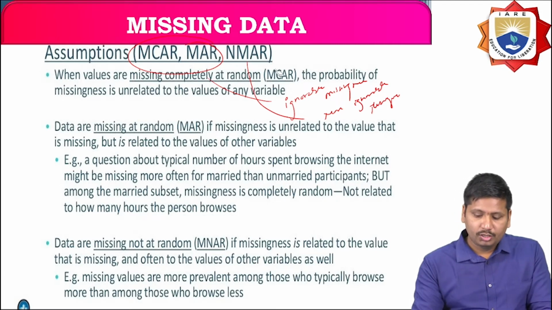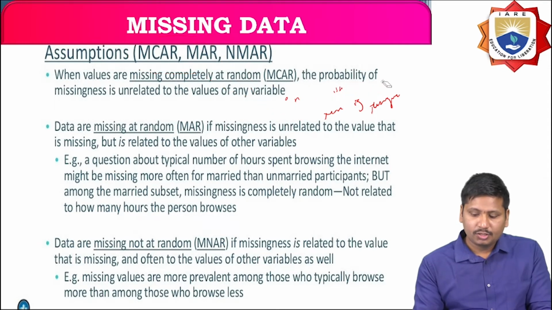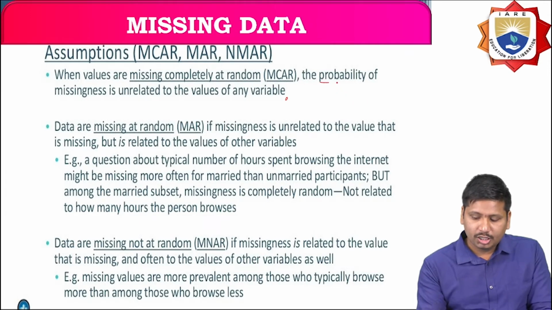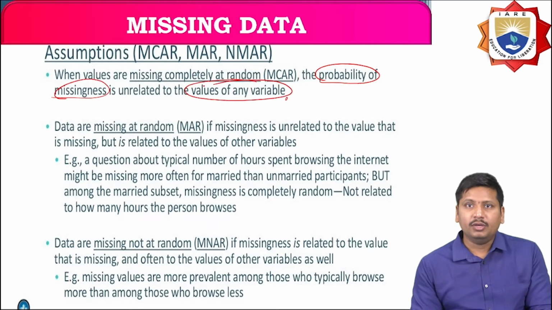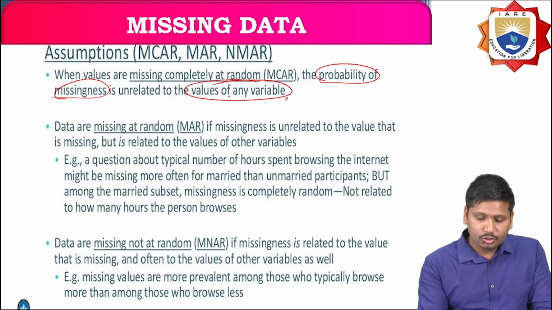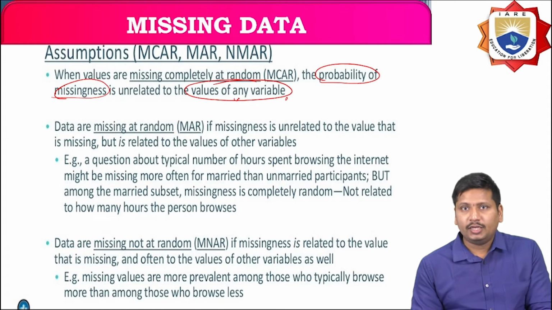Here the first one is missing completely at random. Missing completely at random means the probability of missingness is unrelated to the values of any variable. At that time I can apply this method.